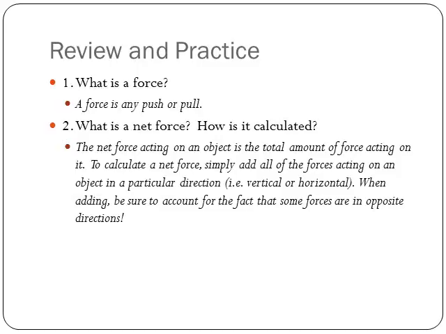As we go through this, we'll have more complex scenarios, but we can always break it down into vertical forces. Remember, vertical would be up and down, horizontal would be left to right. And then remember that when we add these, be sure to account for the fact that some forces are in opposite directions. Recall in most of the examples that you saw here in this video, we had forces that were positive and forces that were negative, where the positive and negative are just indications of the direction.